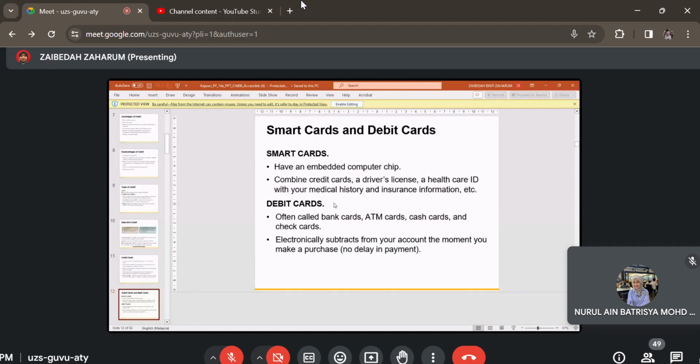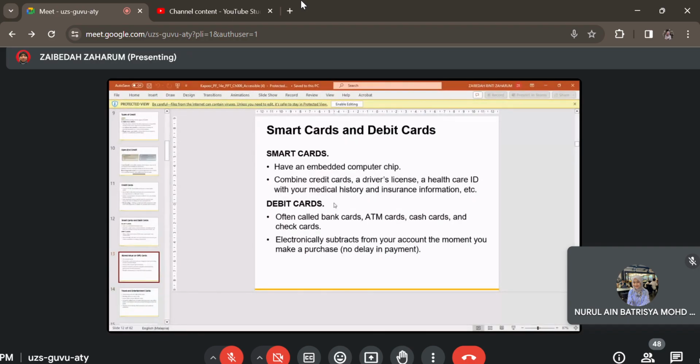And then you have to make sure there is availability of funds dalam you punya account tadi, sebab dia memang akan directly ataupun automatically subtract from your account. Okay, the moment you make a purchase. So kena make sure ada duit lah dalam you punya account tadi.